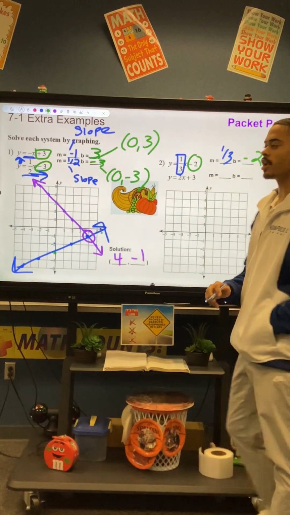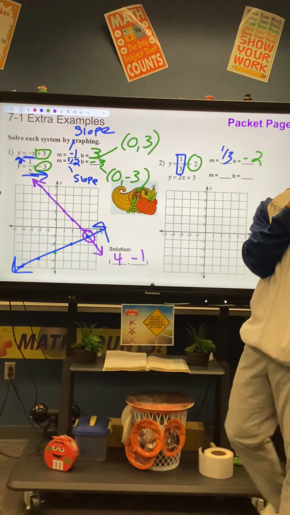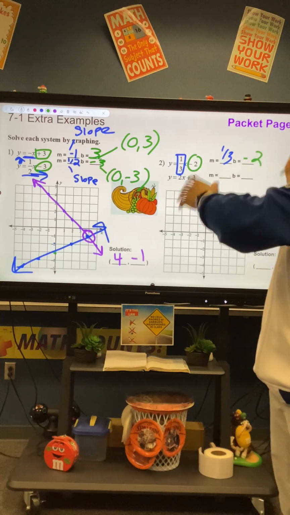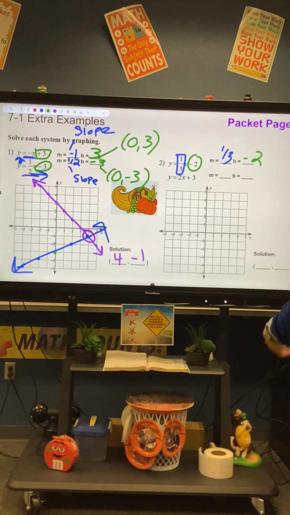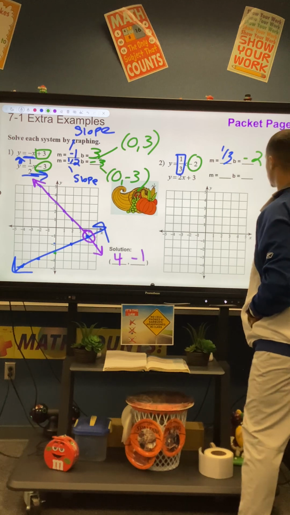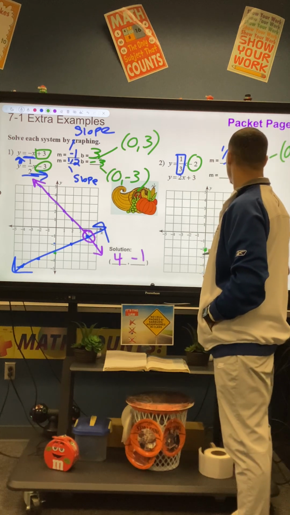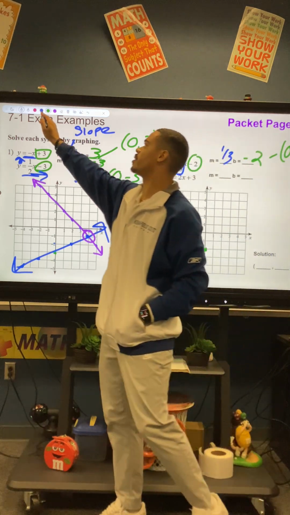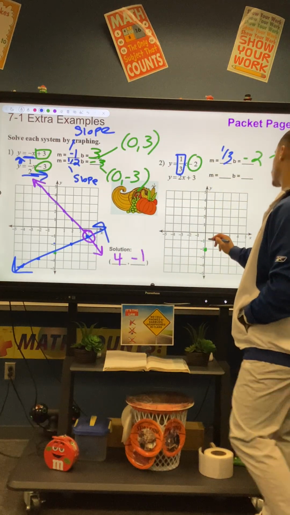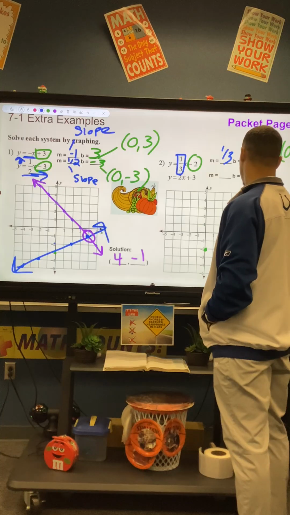So, Mr. Green, when I plot my graph, what's the first point I should have? Right, so I'm gonna go here. Then from there, how do I find my next point? Yep, so I'm gonna go up 1 to my right 3.